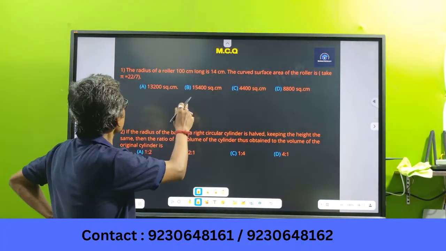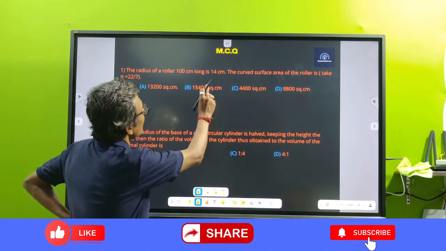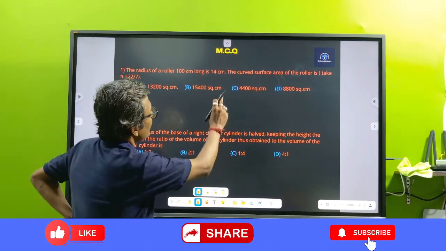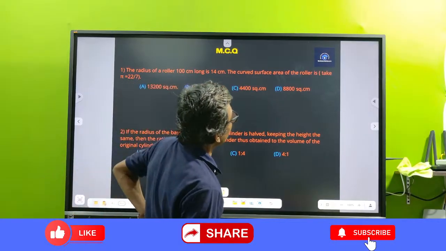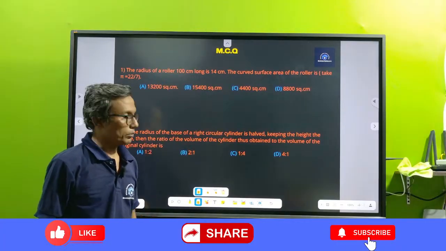The problem is given: the radius of a roller 100 centimeter long is 14 centimeter. The curved surface area of the roller is what we have to find out.